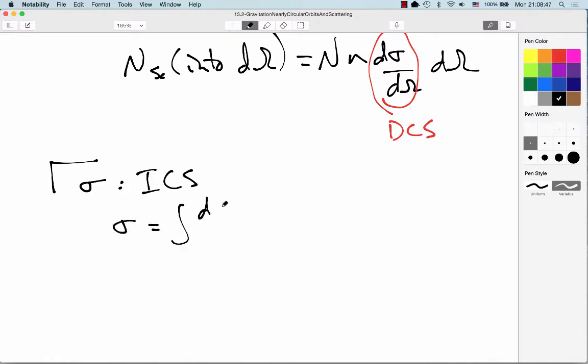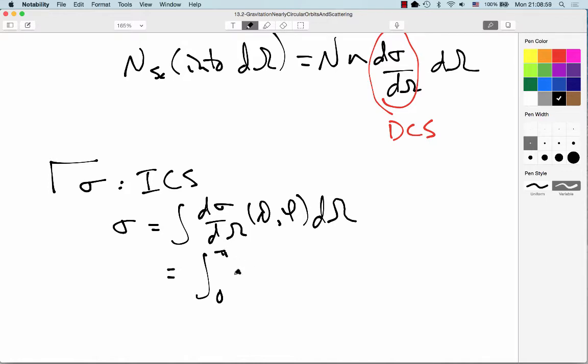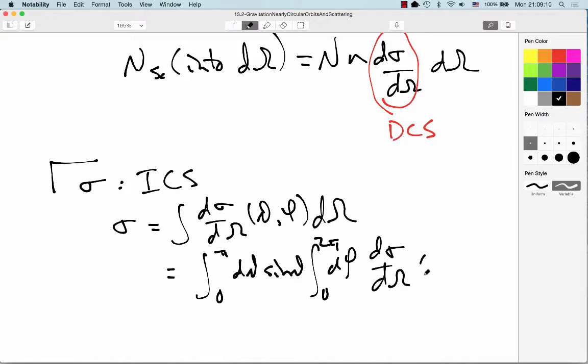So you're integrating d sigma d omega, which depends on theta and phi, with respect to the solid angle. So this will be integral 0 to pi d theta sine theta, integral 0 to 2 pi d phi, of our d sigma d omega of theta and phi.